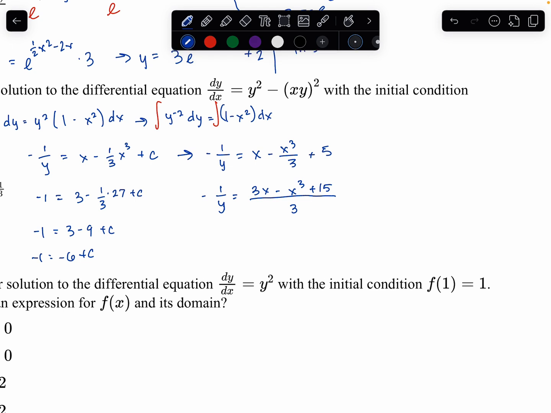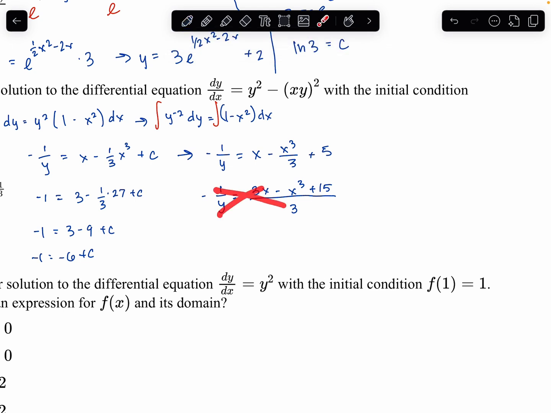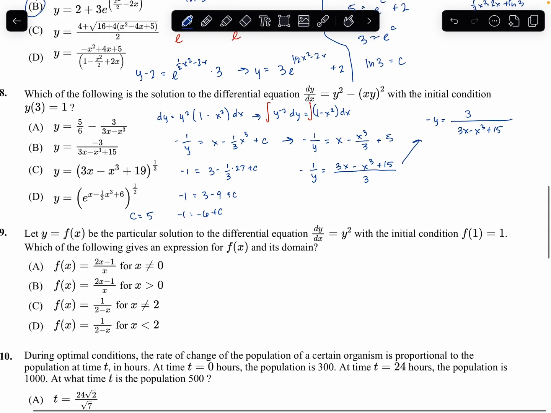And now I can just use the reciprocal, or cross multiplication, however you want to call it. So I get negative y will be equal to 3 over 3x minus x to the third plus 15, and then I'd obviously have to multiply by negative.